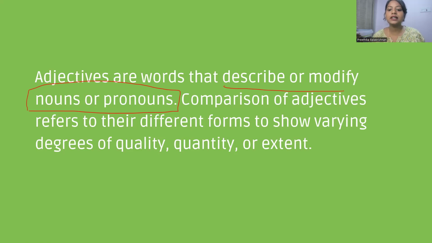Correct? What varies here is the degree of the quality, then the quantity, and how it gets extended. Okay? Before giving examples, if I explain with an example, it will be very easy for you to understand. So let us go into the types.